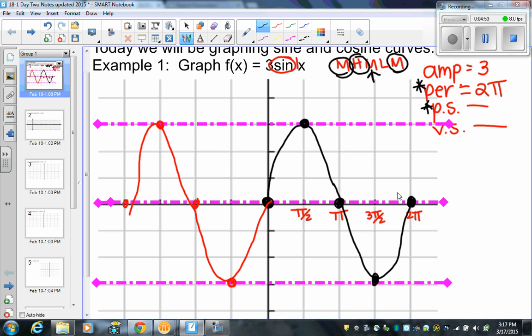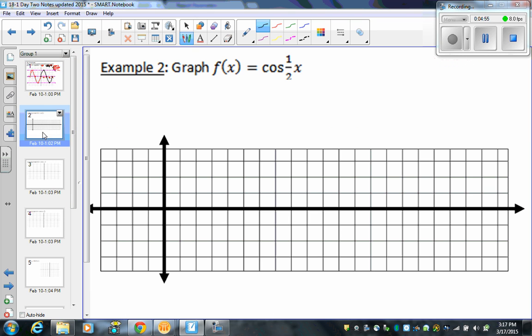Okay, let's try another one. For this graph, we're going to be graphing cosine. Cosine, remember our acronym is high, middle, low, middle, high. So let's identify our attributes and see if we can come up with this graph. Our amplitude is going to be 1.